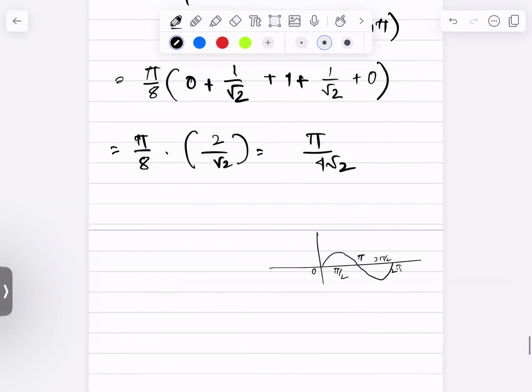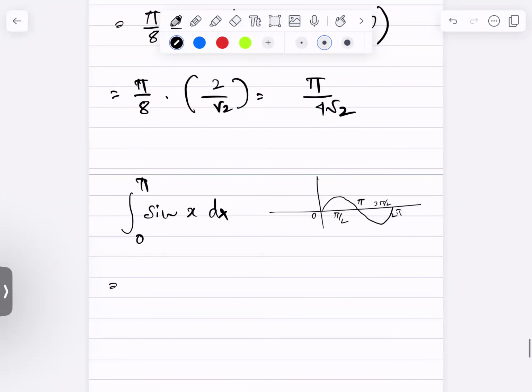And now if I just use our knowledge of integration, then the integral of sine x dx from 0 to pi should be minus cosine x from 0 to pi. So minus cosine pi plus cosine 0.